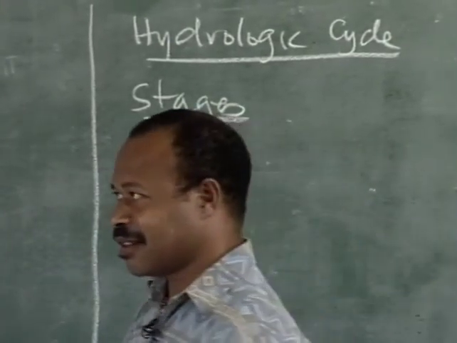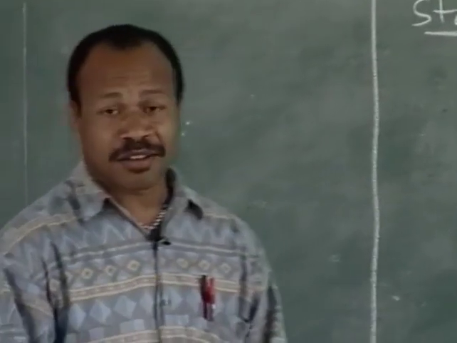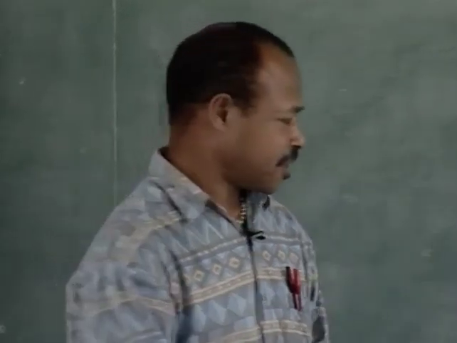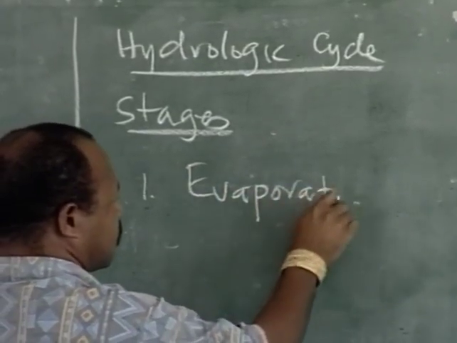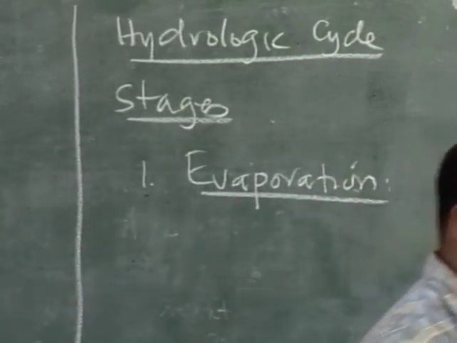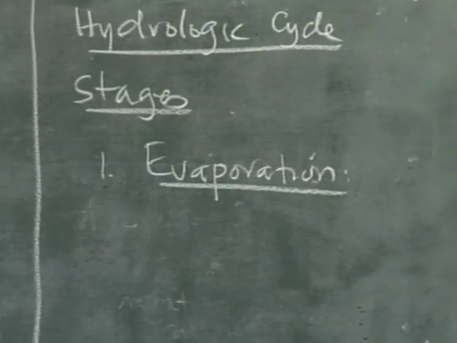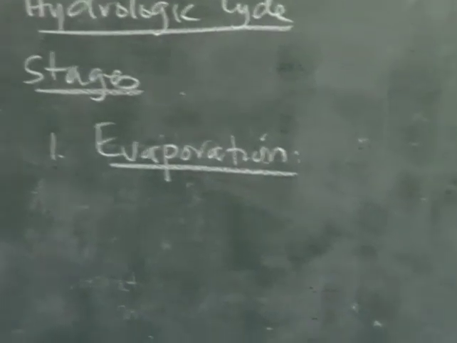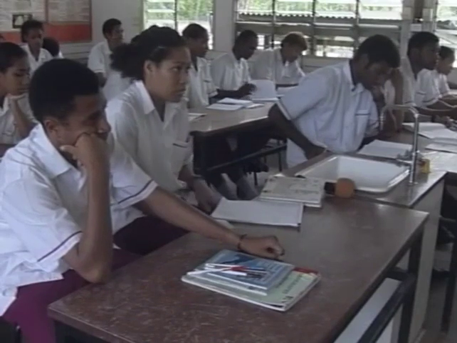From the cycle here, what is the first stage of the hydraulic cycle? Evaporation. With evaporation, what is happening to the air? Air is heated up and it will rise.